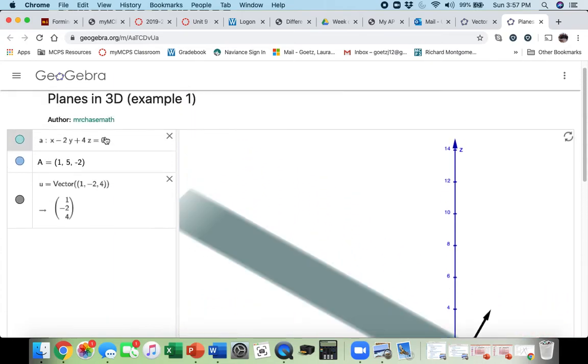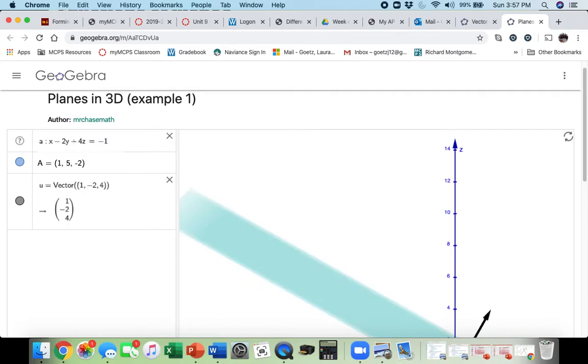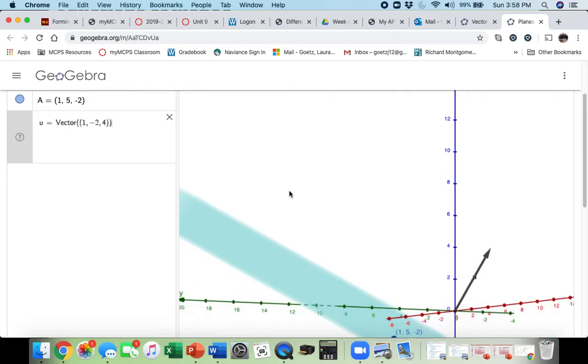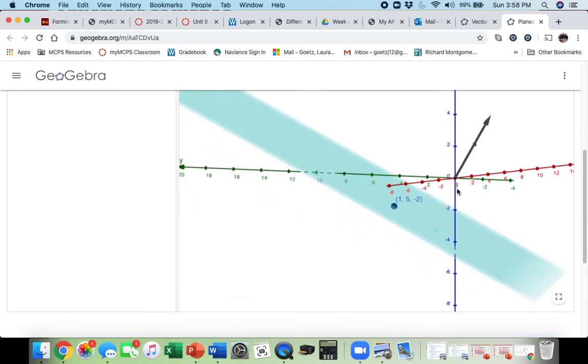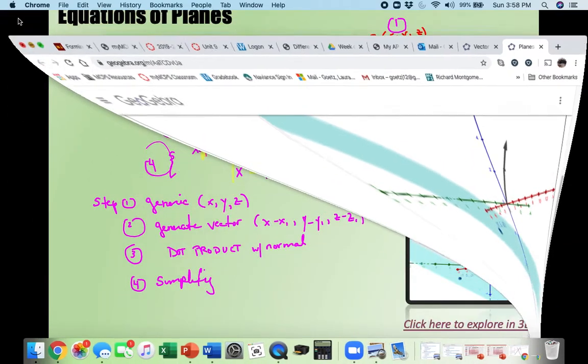But all I do by changing this value here, right, I don't change the direction or the orientation of this plane at all. So it is still perpendicular to this vector, and any vector within this plane is perpendicular. If you can imagine clicking and dragging this vector anywhere, or any vector being drawn through here, right? Cool.